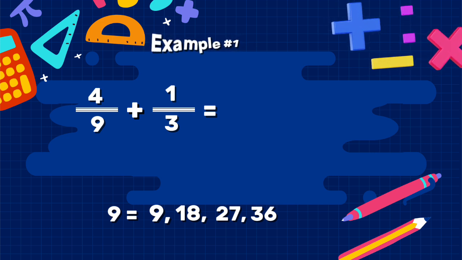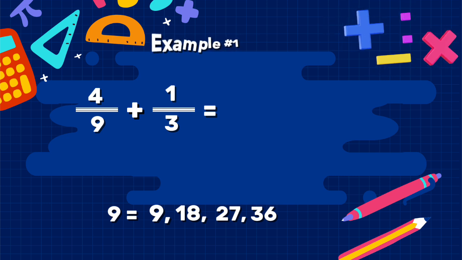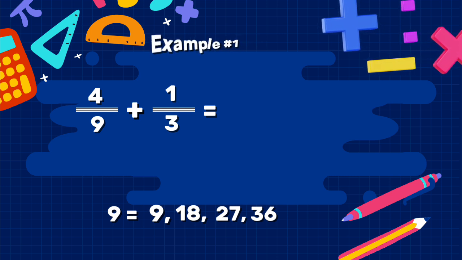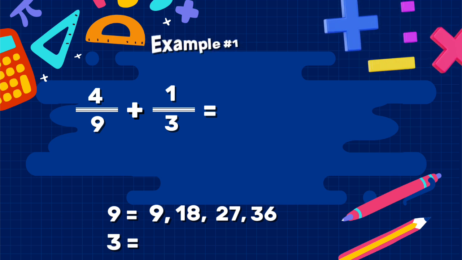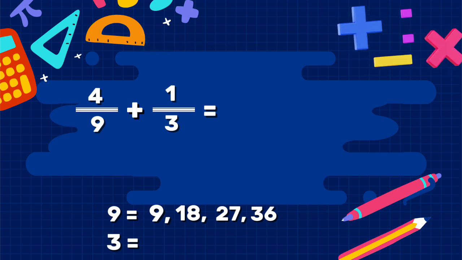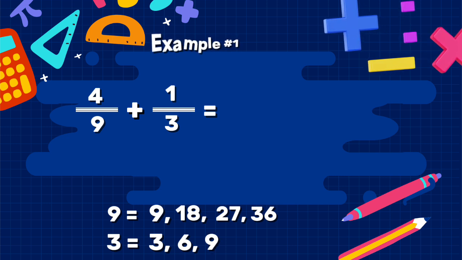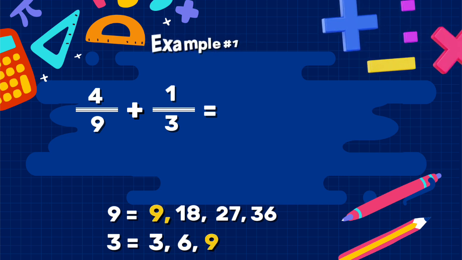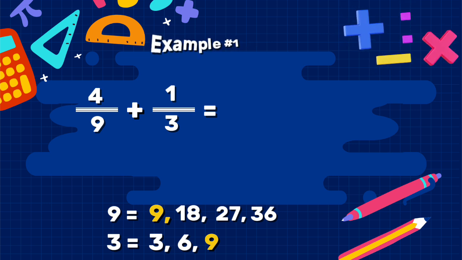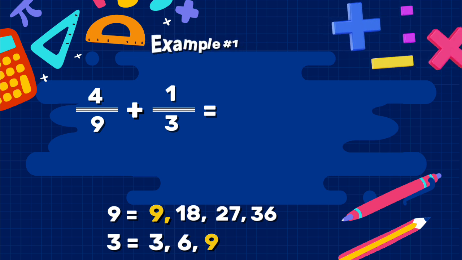See if you have any common multiples, and if not, you can always extend your list. So, let's do 3 now, and see if we have any common multiples. 3, 6, 9. And it looks like we have a common multiple of 9. And more specifically, that's going to be the least common multiple.